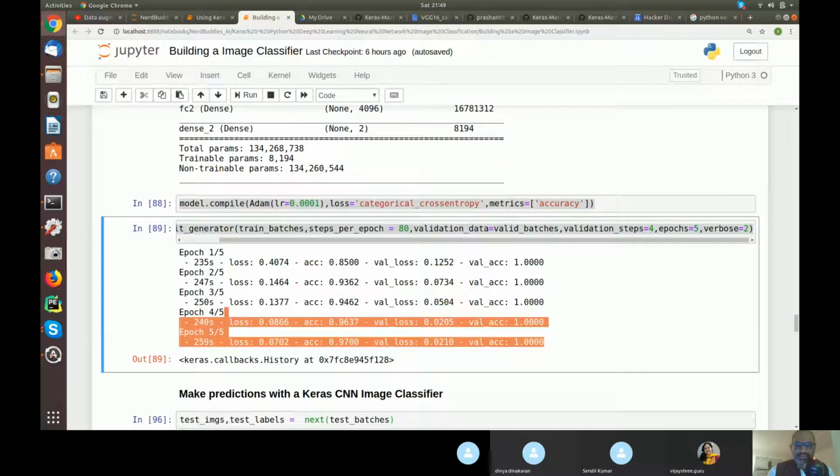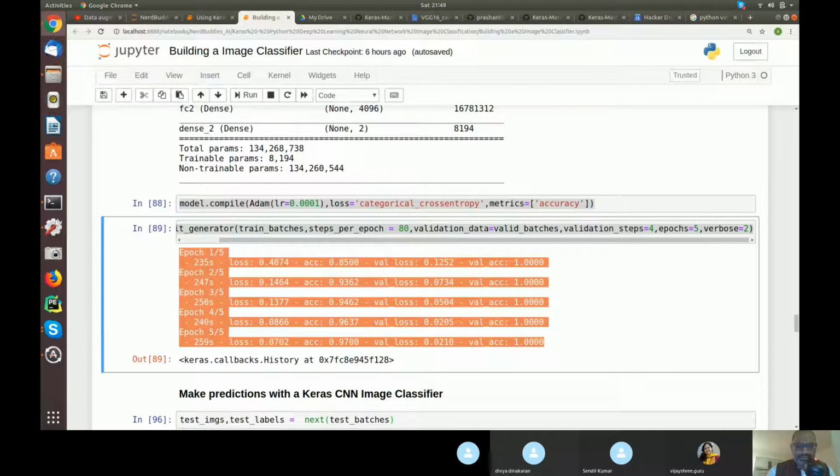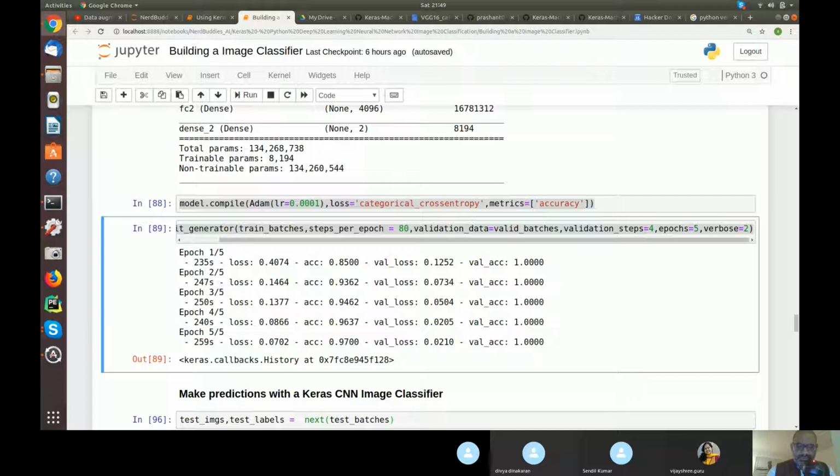So here we see the accuracy now. This is for the training data after 5 epochs. So you can run this. It took me, I think, 10-15 minutes for the whole optimization, if I remember correctly, but depending upon your machine, it'll take you different amounts of time.